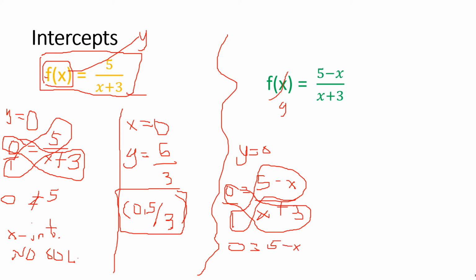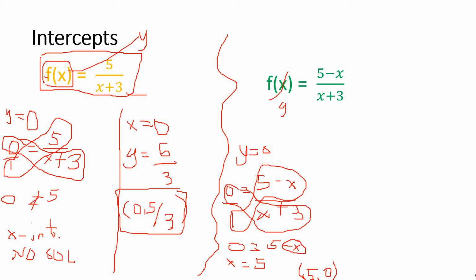So to solve for x, we have to transpose this negative x to the other side. Negative will become positive. We will be having x is equal to 5. Therefore, our x-intercept is 5 and 0. Okay, we obtained 5 and 0 as the value of y coordinate.